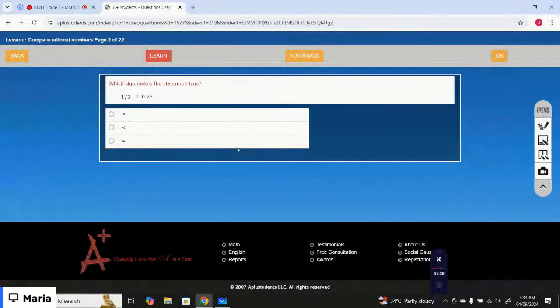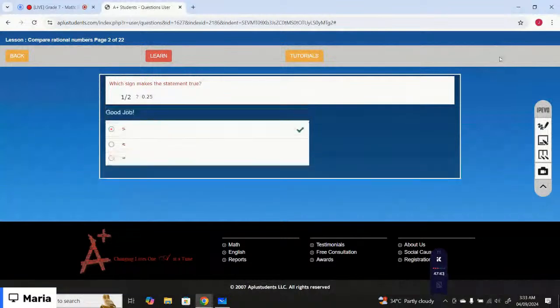The correct option is 1 by 2 equals 0.5. So 0.5 is greater than 0.25. So 1 by 2 is greater than 0.25.